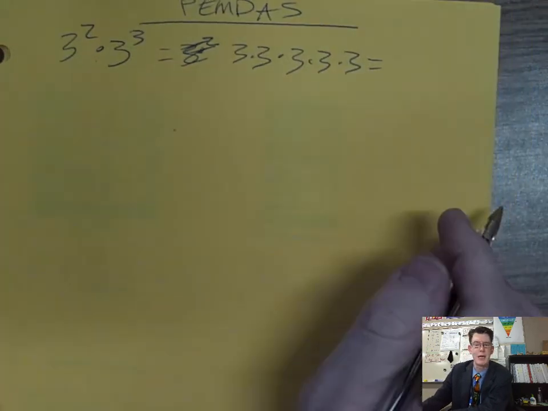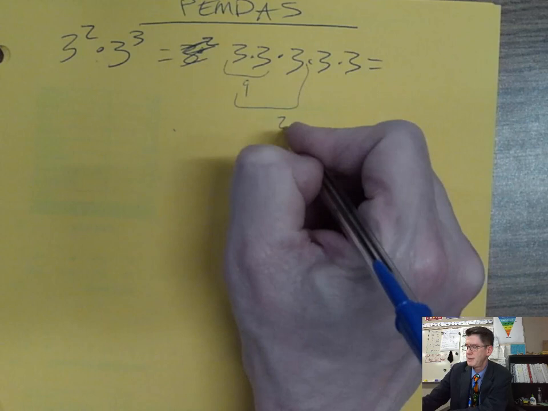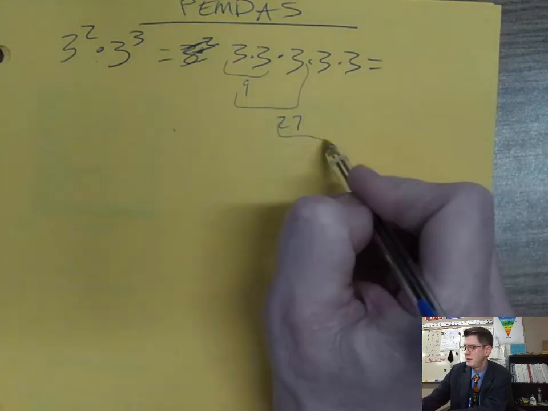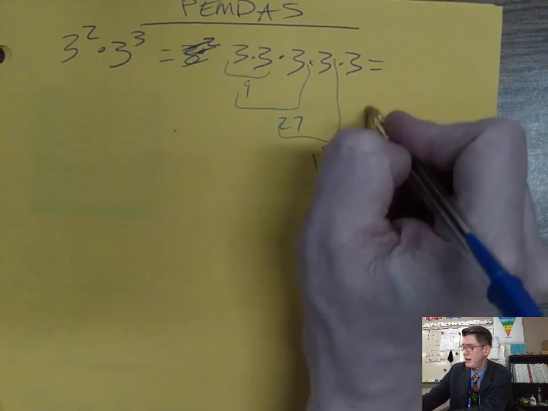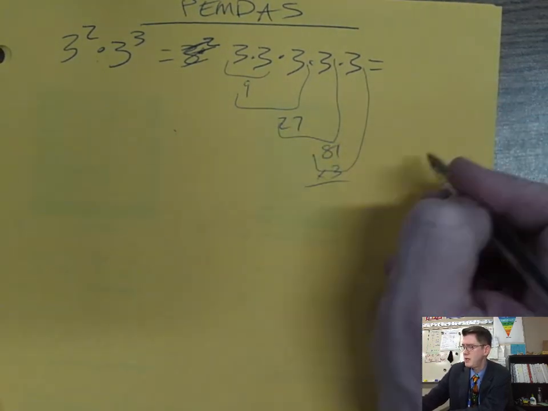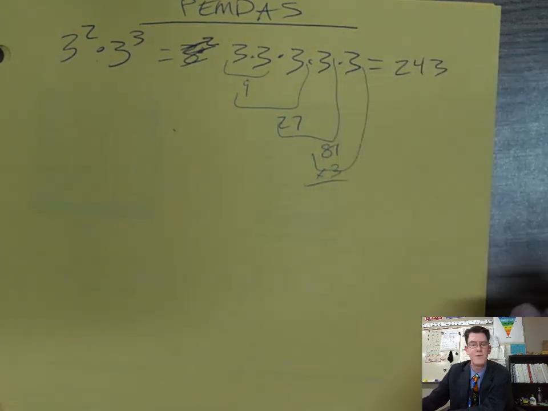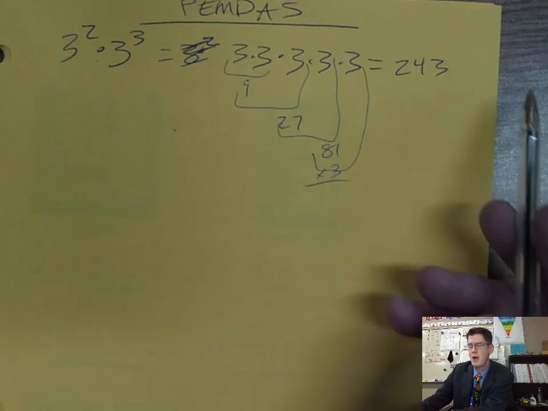This is going to get pretty big pretty quick. 3 times 3 is 9, times 3 is 27, times 3 is 81. Times 3, oh, too bad we can't use calculators, but if we could, 81 times 3 would tell us that it's 243. So you can multiply them together, you just multiply them all out.